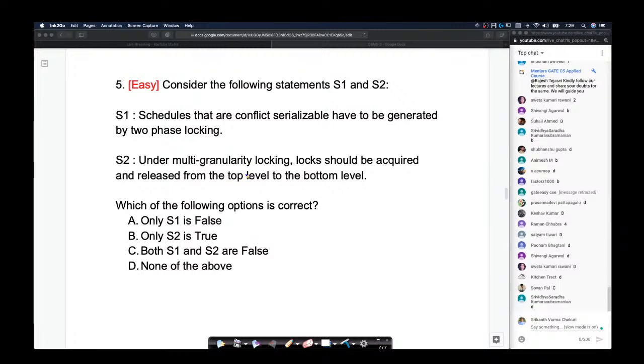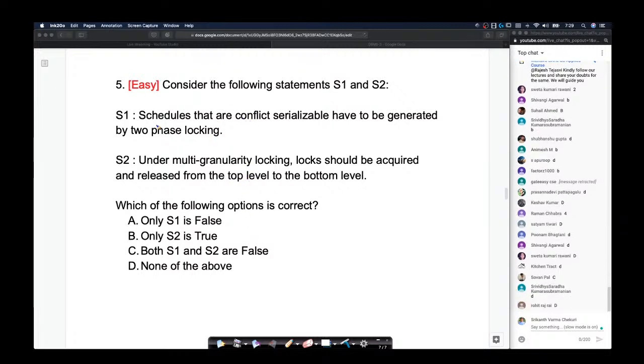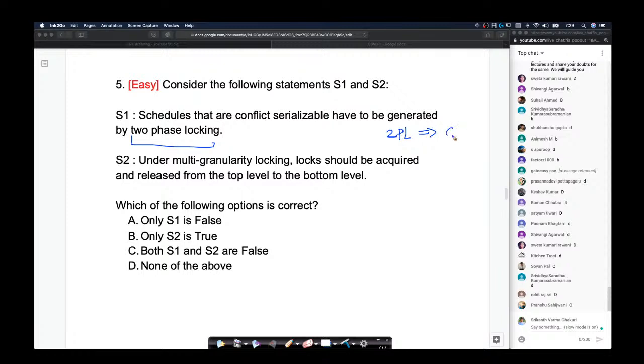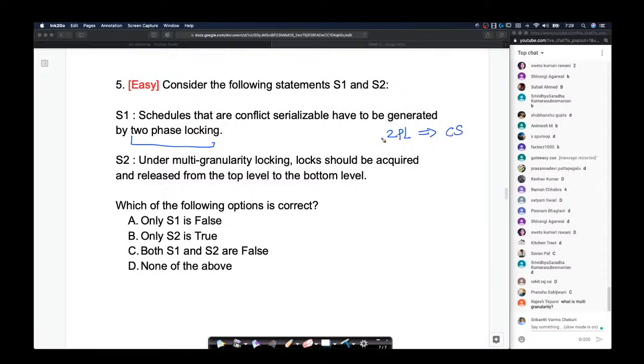Okay, so let me explain. I think this part is very easy. Anybody who has studied two-phase locking, this is straightforward, right? Remember that two-phase locking implies conflict serializability. If you use two-phase locking, you're guaranteed to have conflict serializability, but not the other way around.